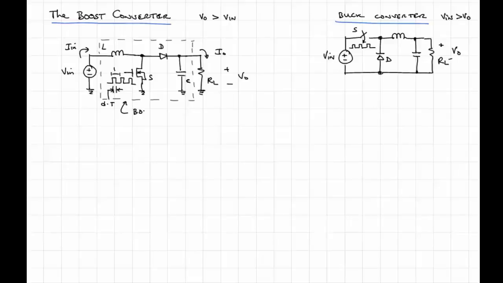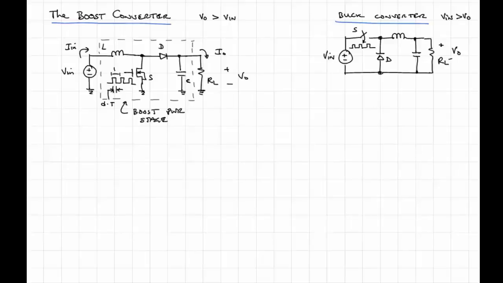So, boost power stage. Now the reason I say power stage as opposed to just boost converter is that this diagram does not show a complete power supply. So we'll see that the way that you regulate the output voltage, Vout, is by changing the width of these pulses that are sent to this switch.